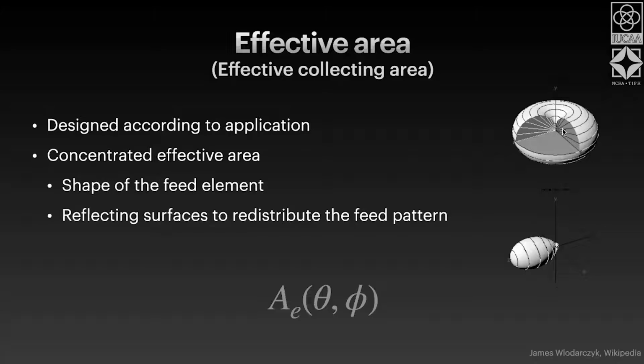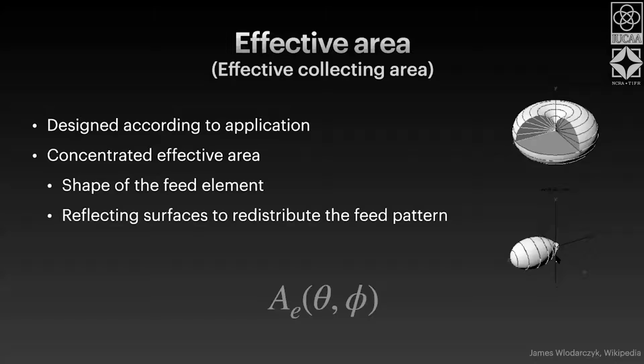So a dipole antenna which has a distribution proportional to sine square theta for the effective area, as shown in the picture above, could be placed with the appropriate reflecting surfaces or inside a horn, such that the effective area redistributes and has a much narrower distribution, as you can see in the bottom figure.